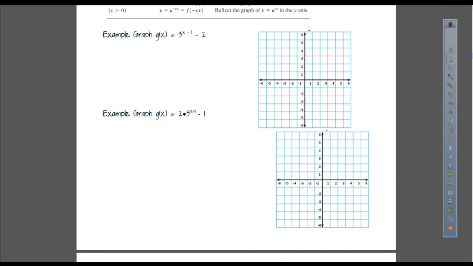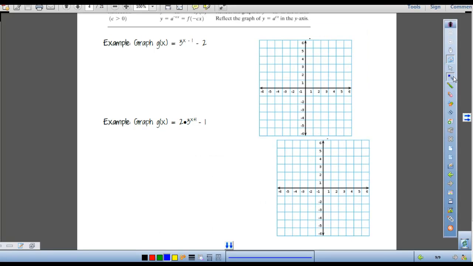We want to graph g of x equals 3 to the x minus 1, minus 2. Now we might think about what the basic graph looks like before we deal with the minus 1 and the minus 2 part. We already said that 0, 1 is part of the basic graph.